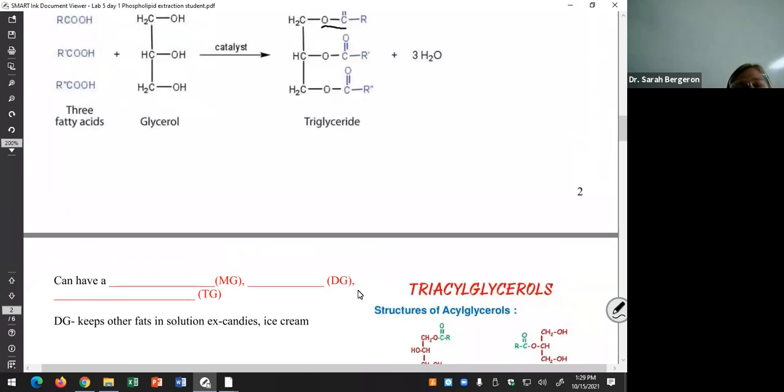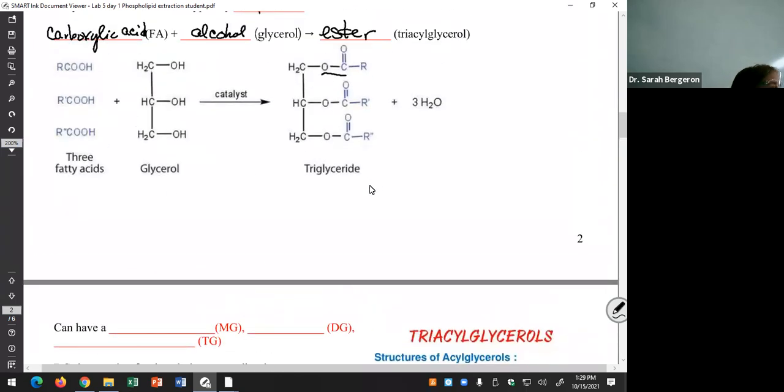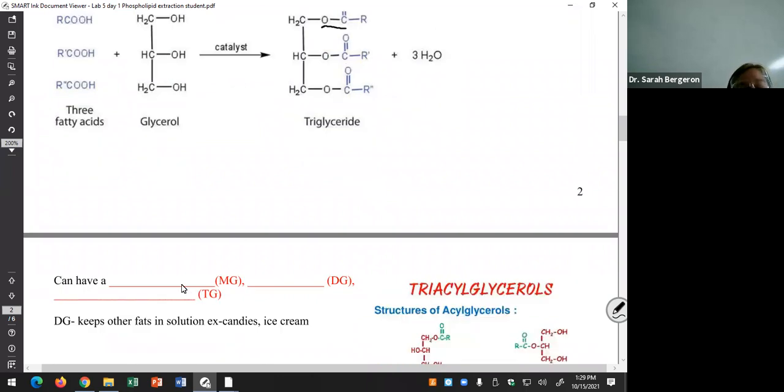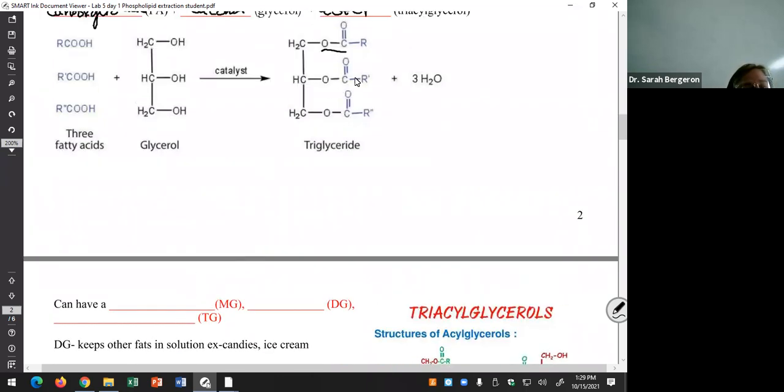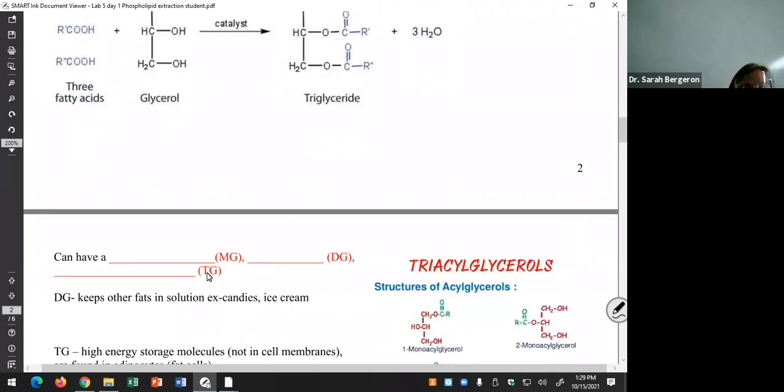All right, so you can have triacylglycerides. That's entirely possible. But instead of attaching fatty acids here, you can attach other things to these oxygens. So this is my triacylglyceride.